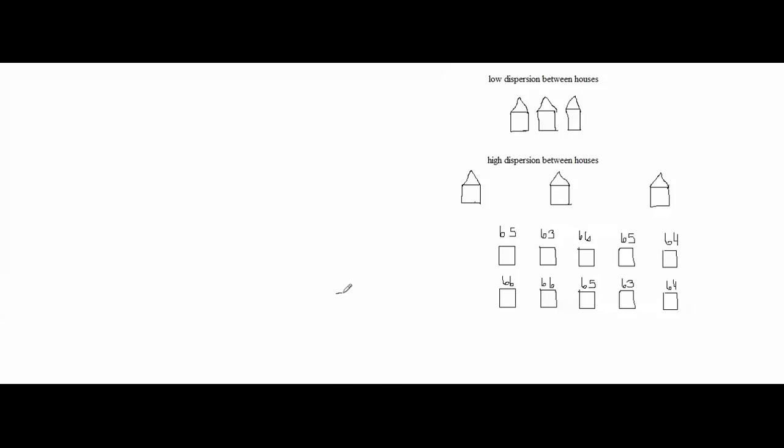You can even see the dispersion if we made a little graph like this. Maybe I'll put each car above its own place on this number line. Maybe I'll just make an X for each car. So let's see, we have one car going 63.